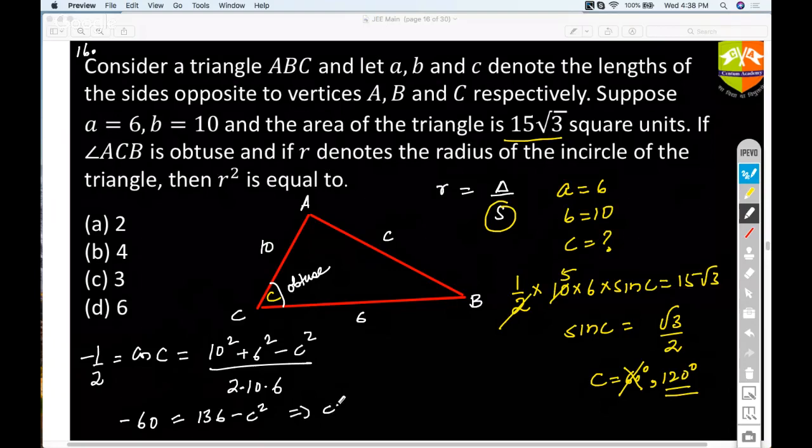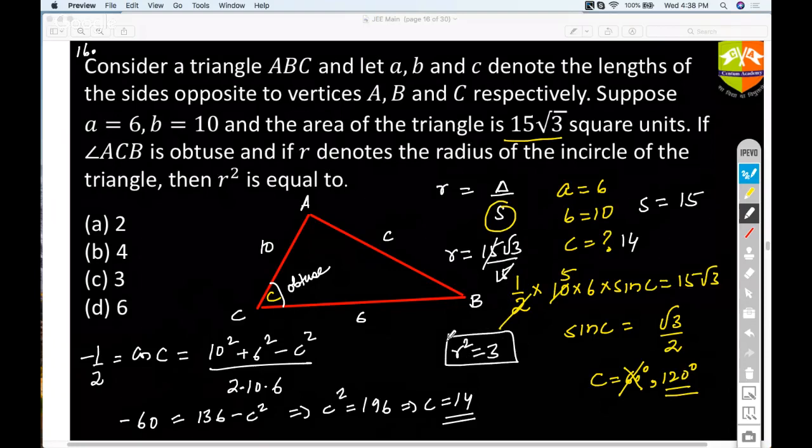So c square is going to be, if I'm not wrong, 196, which means c is going to be 14. So s is going to be 15. So r is going to be 15 root 3 by 15, that's root 3. So r square is going to be 3, and hence option number C is correct.